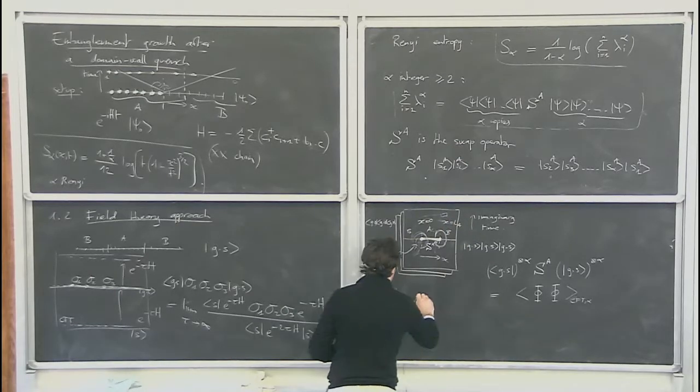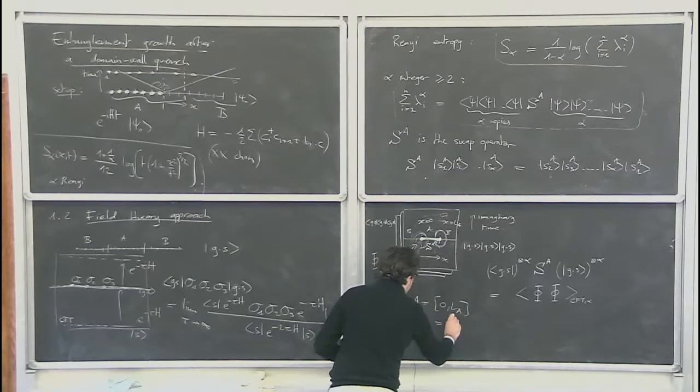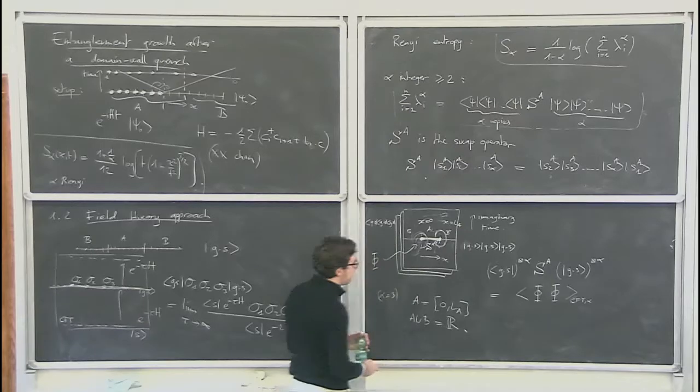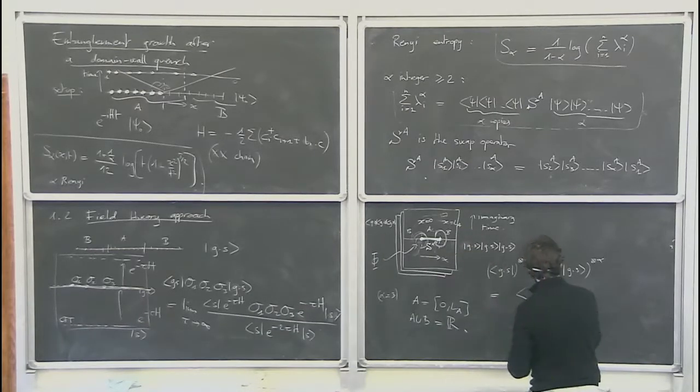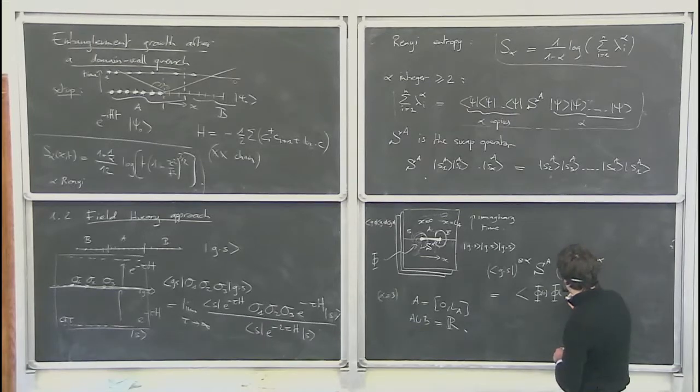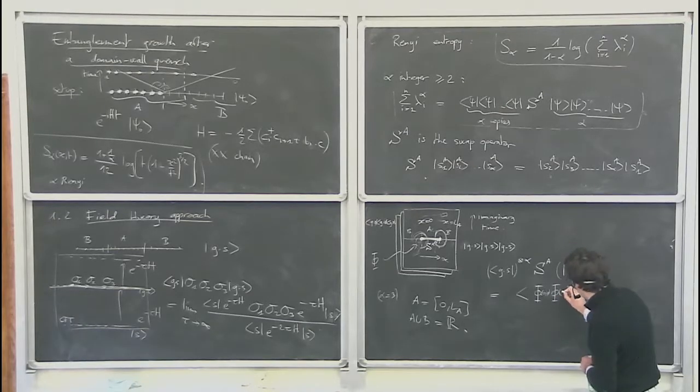So the interval A is the interval 0 to LA, and A union B is the real axis. So then this operator here is at x equals 0 and imaginary time 0, and this one is at LA and imaginary time 0. Okay?